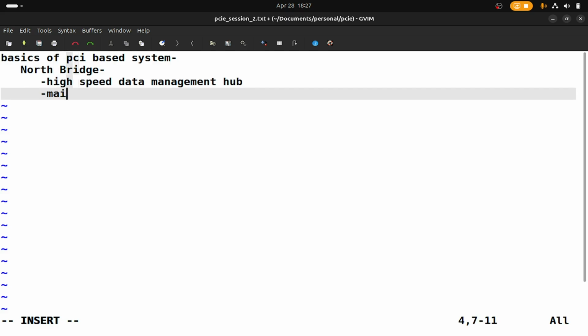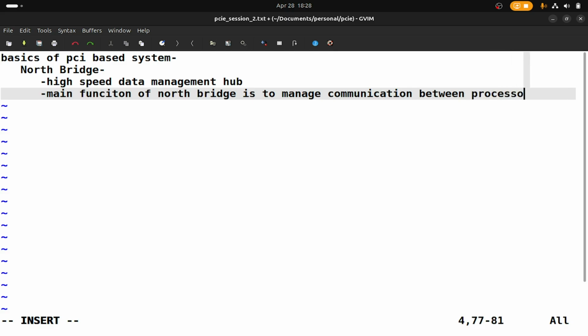Second point is the main function of North Bridge is to manage communication between the processor and the parts of the motherboard.